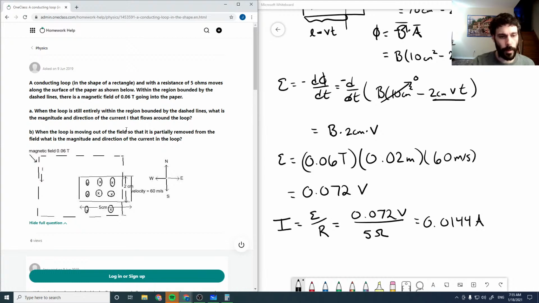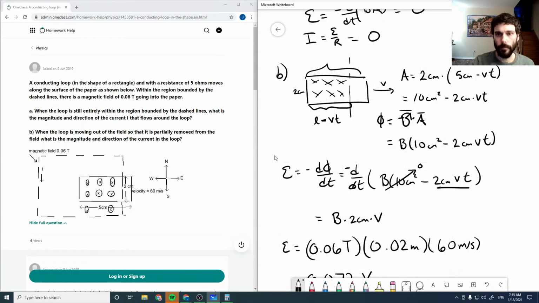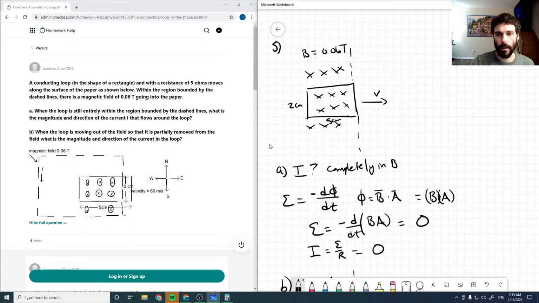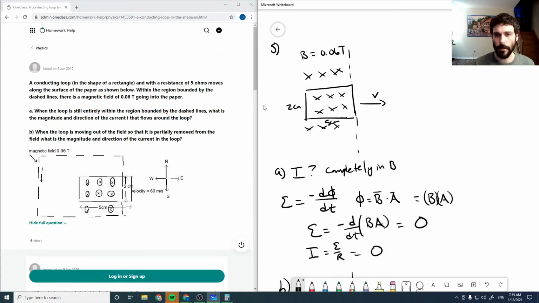The direction of positive current will be clockwise around the loop. So that EMF will give us a clockwise positive current, which makes sense if we use our right-hand rule.